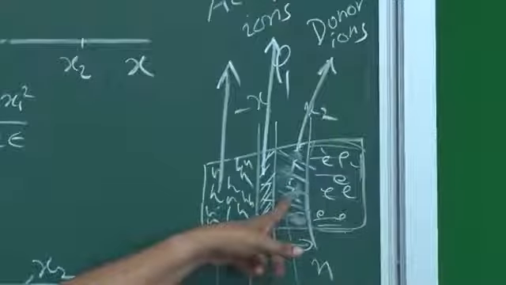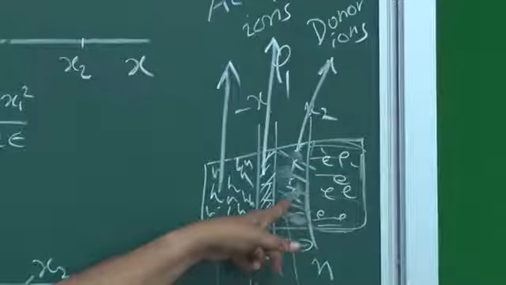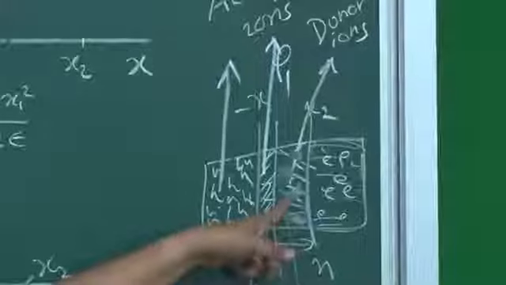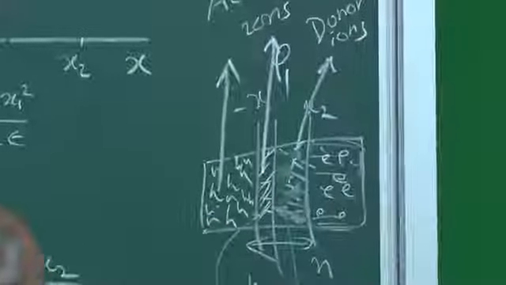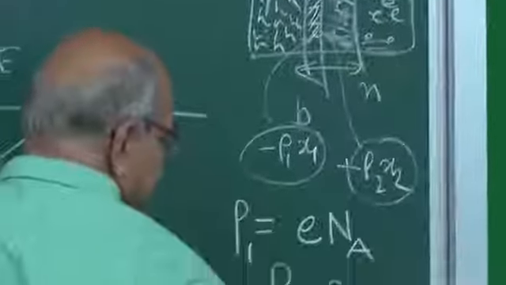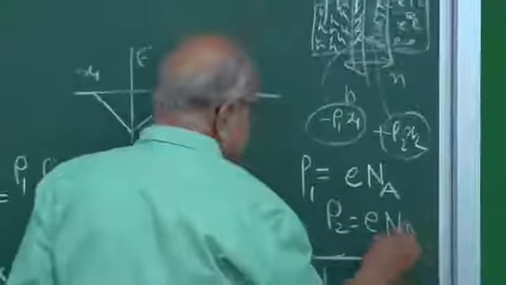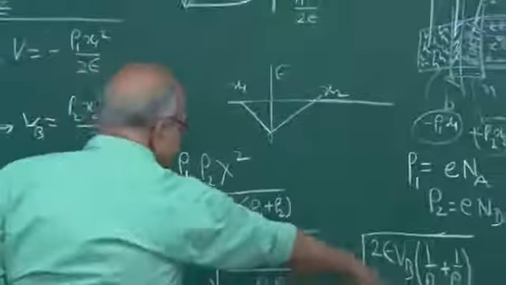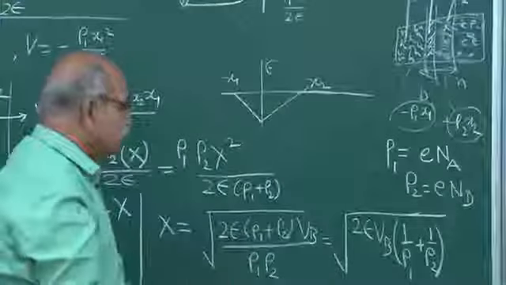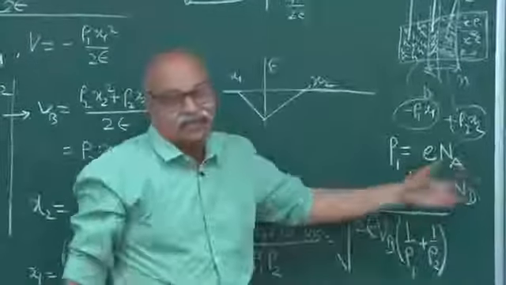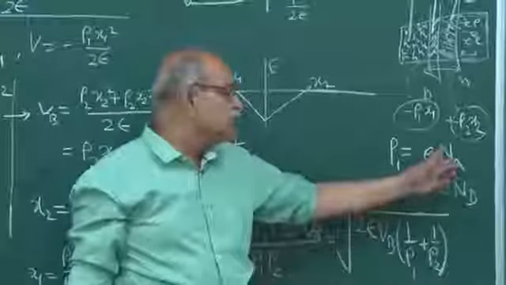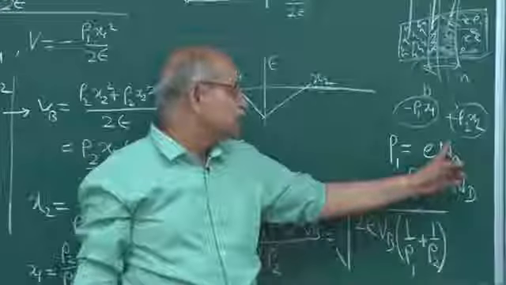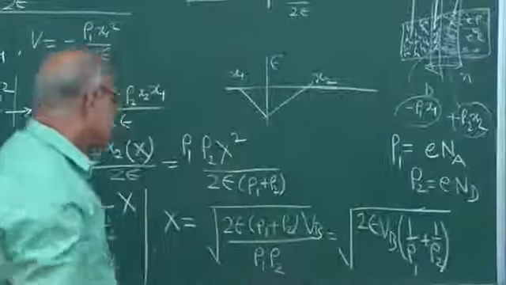Each donor ion will give you 1 unit of charge, plus E, and therefore rho 2 will be E times Nd, density of donor ions. And this expression you can write in terms of Na and Nd, because these are the quantities which are under our control. We dope things, so we know what is Na and what is Nd.